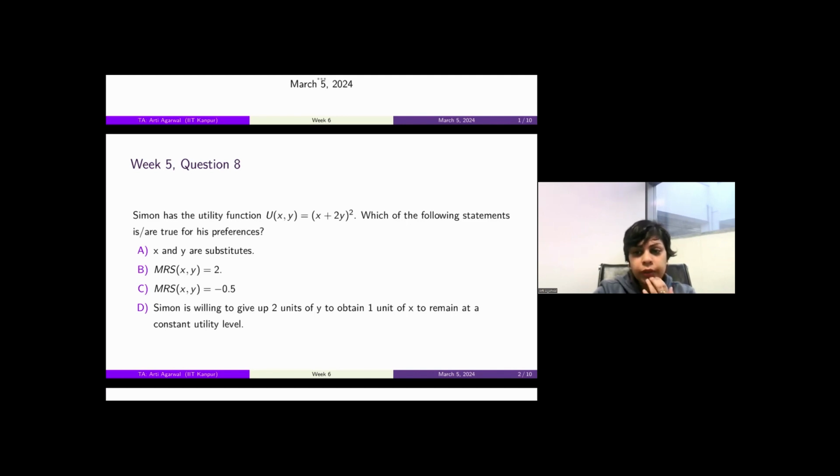How do you do the MRS formula? So, what is the answer in this case then? C. Okay. Yes, that is correct.